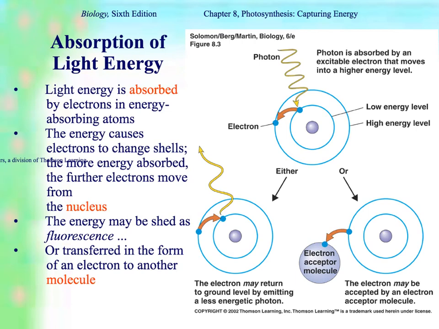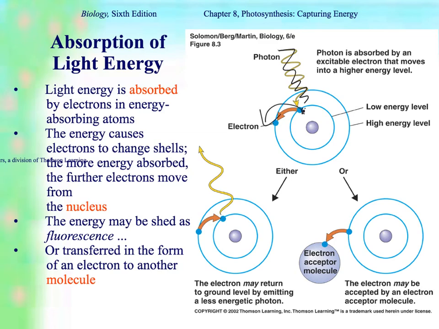Okay, so light energy is absorbed by electrons in energy-absorbing atoms. This energy causes electrons to change their shells. So they are starting, let's say, on that energy level, and when the light comes down from the sun and hits the electron, it gets energized and moves to a higher energy level.